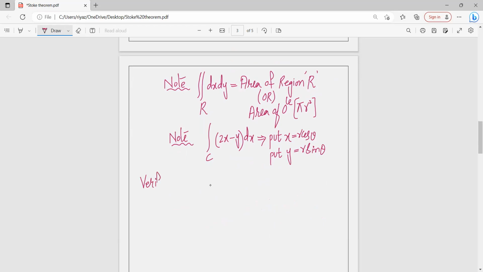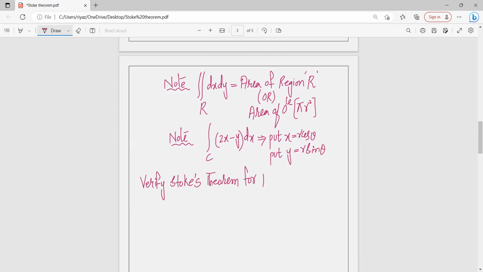See one more question: verify Stokes theorem. Write the question down: verify Stokes theorem. For verification, we do it in two parts; use is different, evaluate is different, and verification is different.